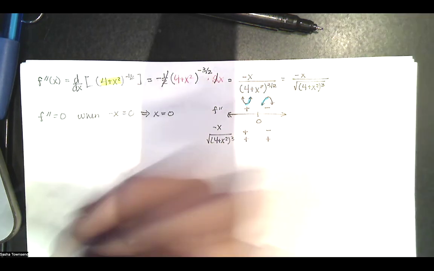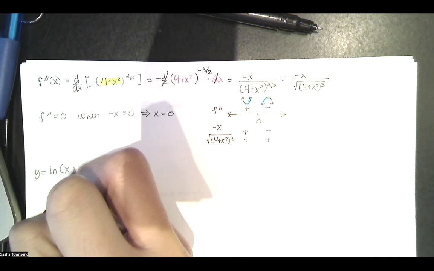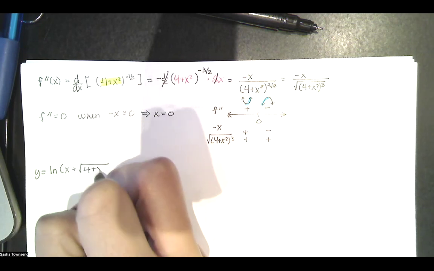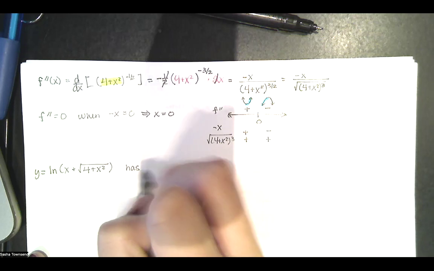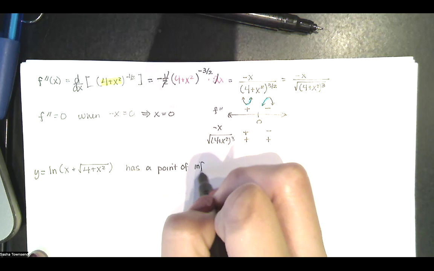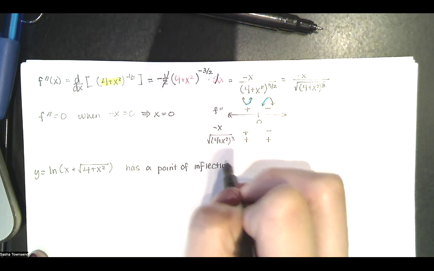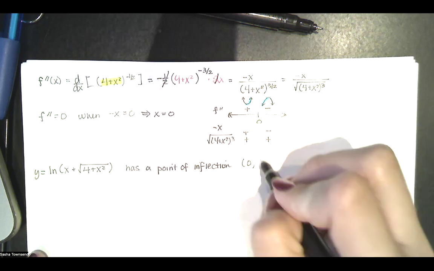So y equals the natural log of x plus the square root of 4 plus x squared has a point of inflection. It's going to be at 0, and then this function evaluated at 0.